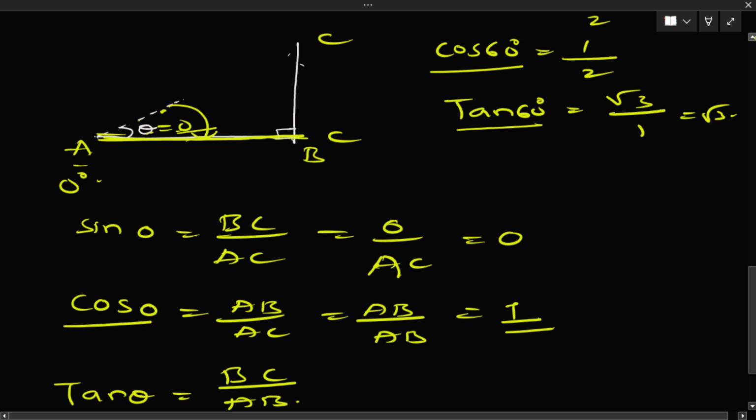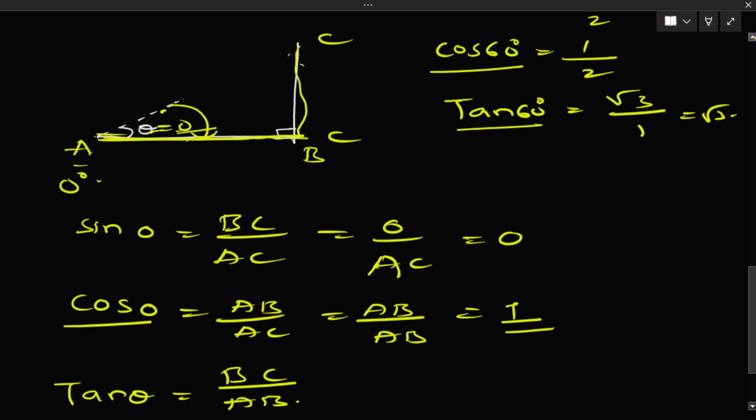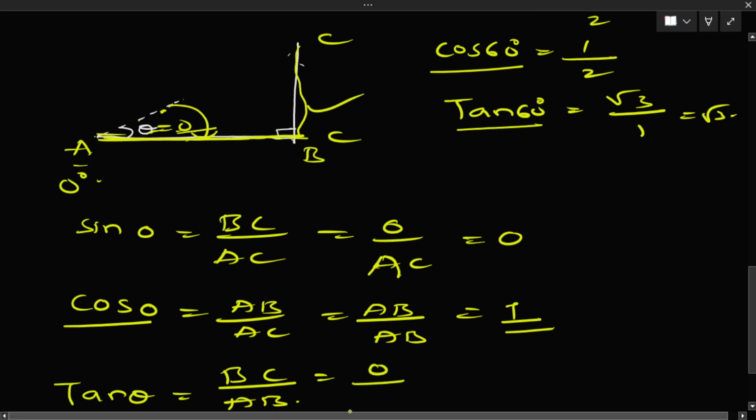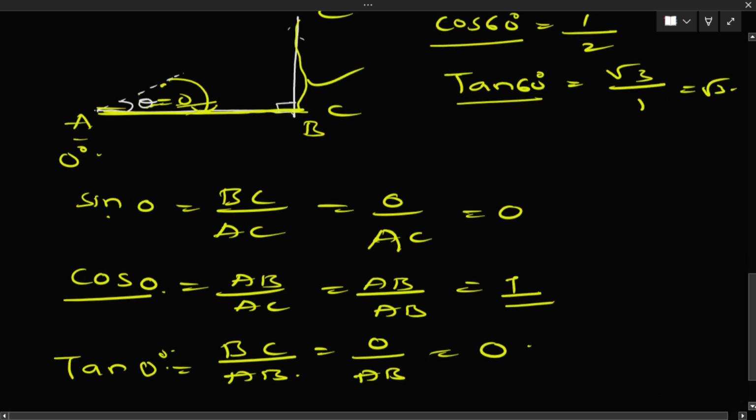When theta is equal to 0, this BC turns as 0, so the length of BC is 0. That is 0 by AB, which gives you 0 only. So sin 0 is 0, cos 0 is 1, and tan 0 is also 0. That's it.